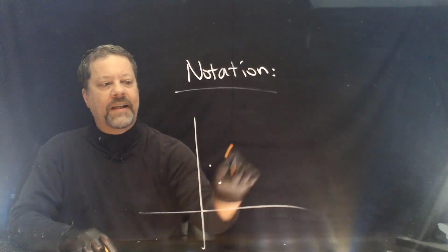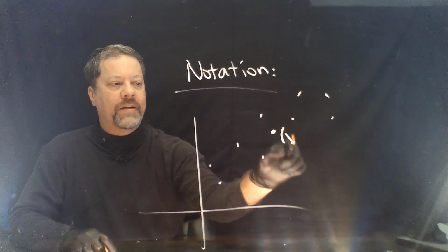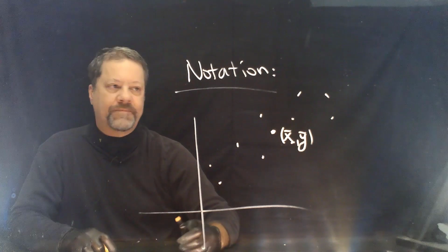If our sample data looks something like this, we might have a point x bar, y bar, which is the mean of the x's and the mean of the y's.